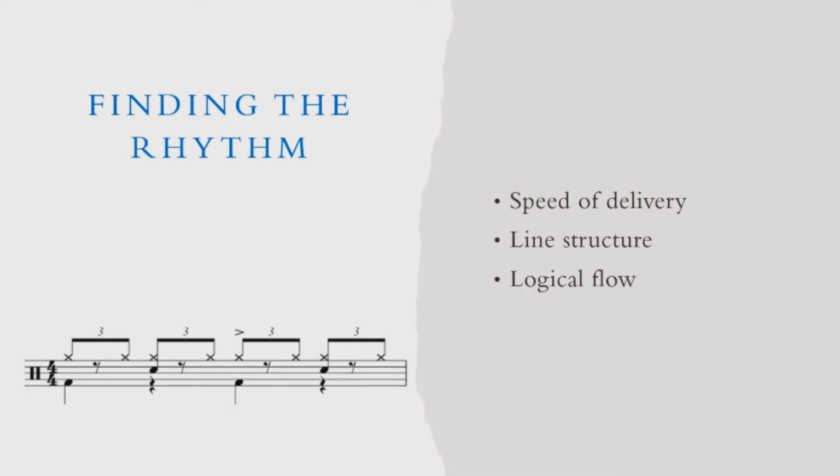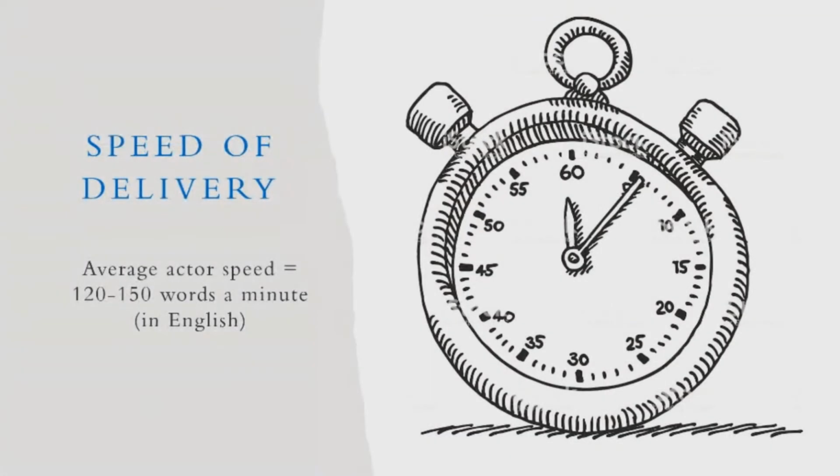The average actor speaks at 120 to 150 words a minute in English. The average person speaks slower than that, but actors know what they're going to say, so they can say it a bit faster. Figure that your voice actors are going to be about that, 120 to 150. Any faster than 150, and they are rushing, and it's harder to understand. So every good voice actor knows you don't rush your lines, you take your time.